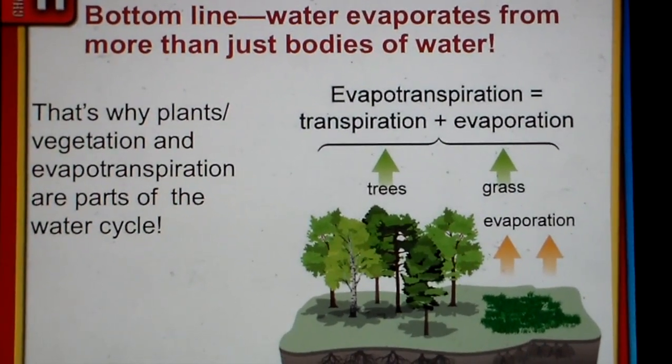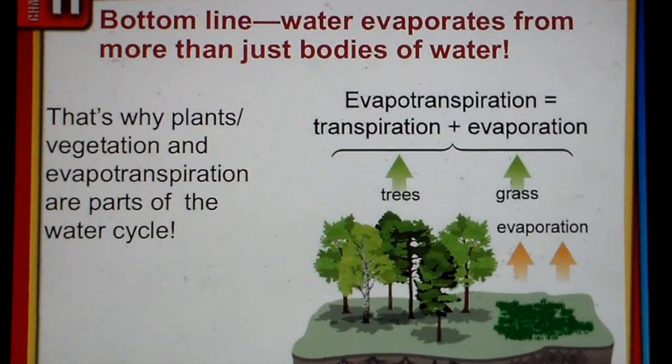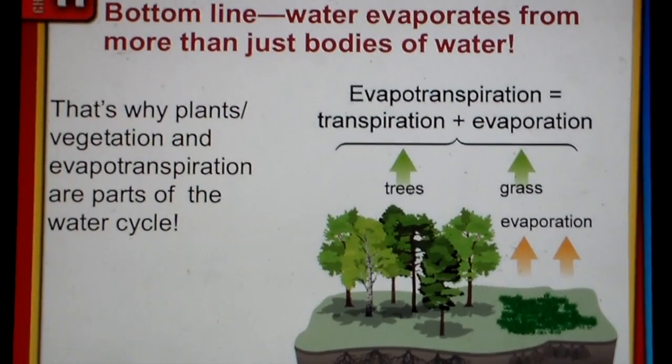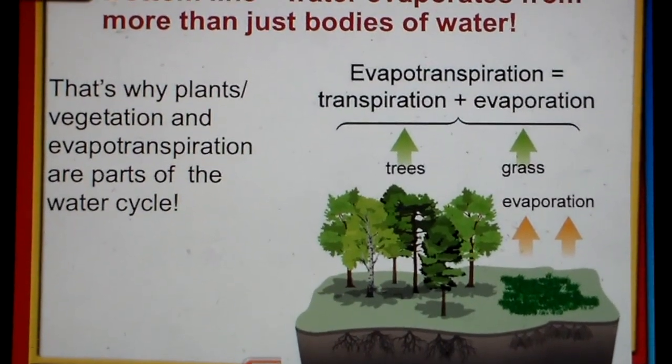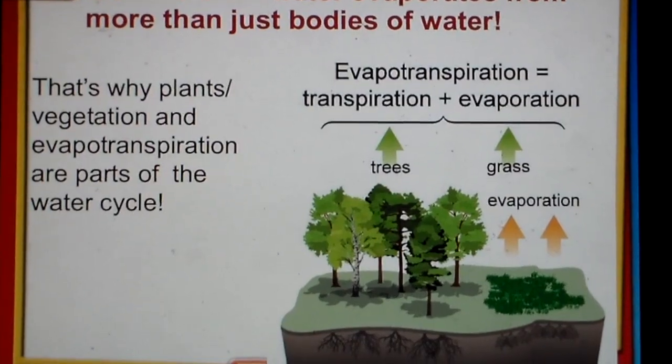Evapotranspiration is transpiration from plants plus evaporation from the soil. And so that's why plants and vegetation are parts of the water cycle. So plants matter in the water cycle. It's called evapotranspiration.